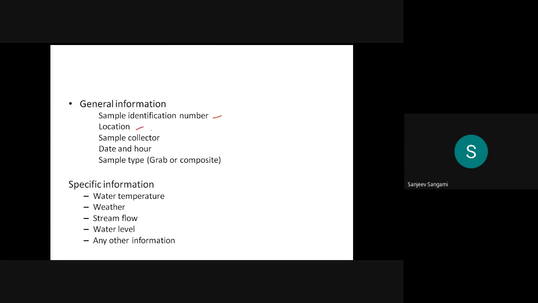Then the location, the sample collector, date, hour, and the sample type. Some specific information has to be maintained during the sampling: water temperature, weather, stream flow, which means the velocity and the flow, then the water level, or any other information related to the sampling.